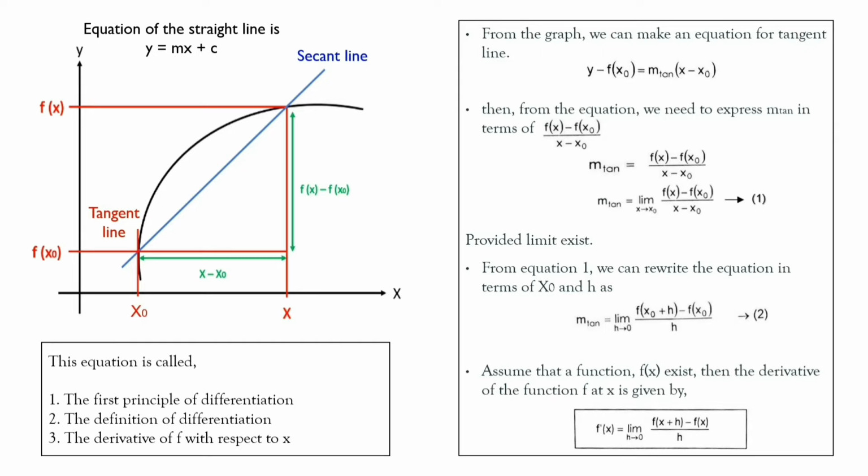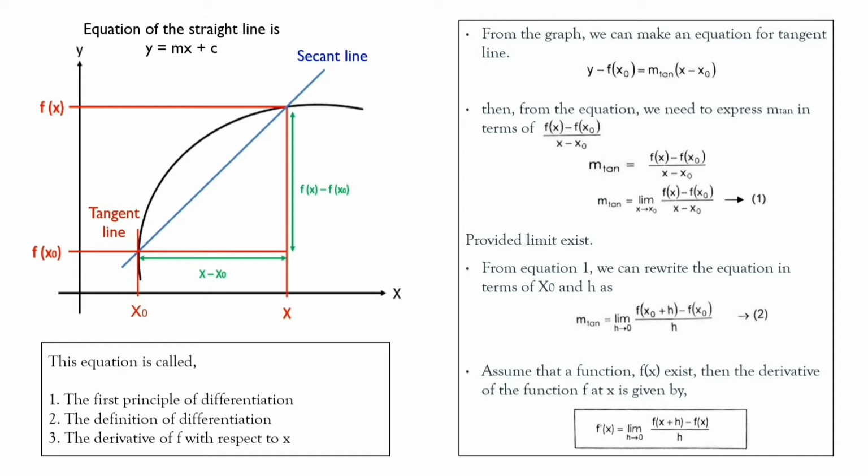From the equation we have made, we need to apply a limit, like equation 1. And from equation 1, we can rewrite the equation in terms of x naught and h as m tangent equals the limit as h approaches 0 of f(x naught plus h) minus f(x naught), divided by h, like equation 2.